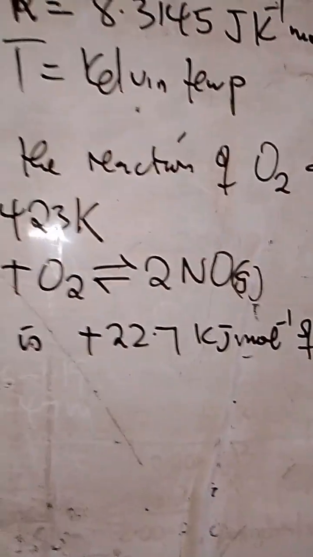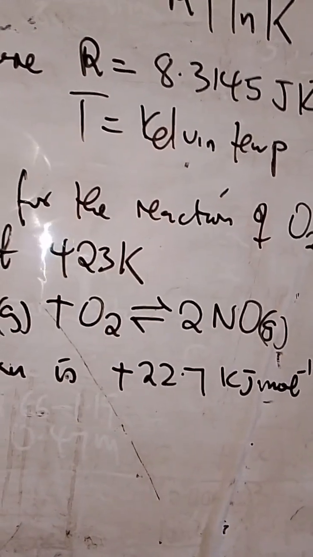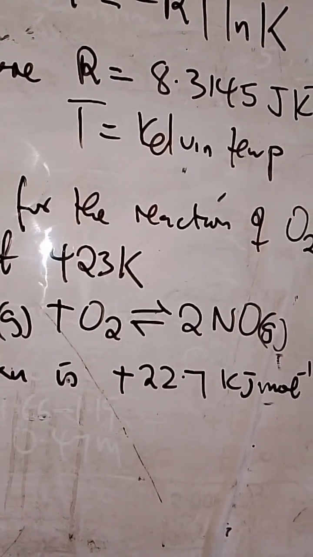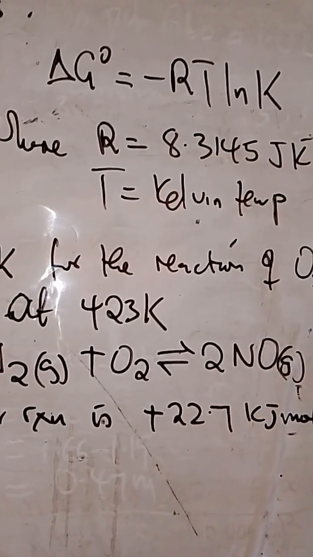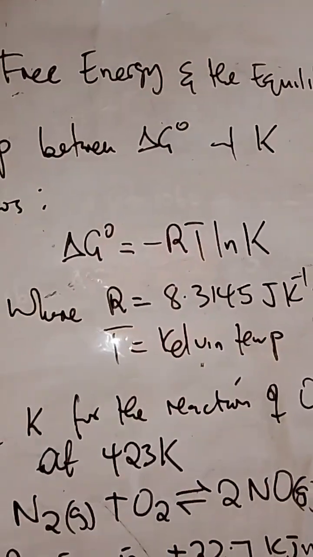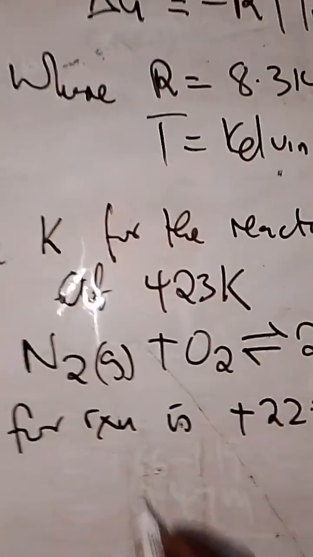So that is the value for delta G. Now we need to calculate K. We have been given this information, so we use our equation.